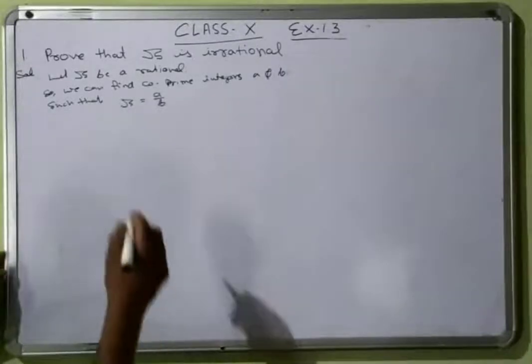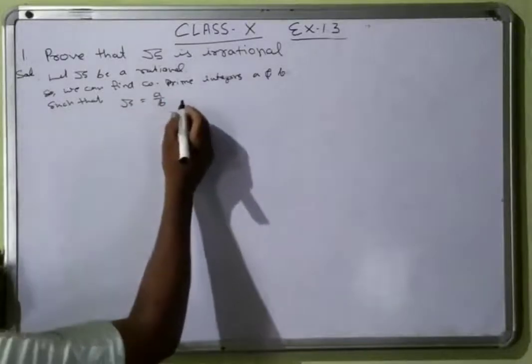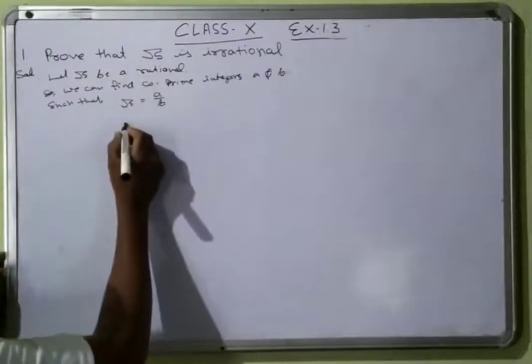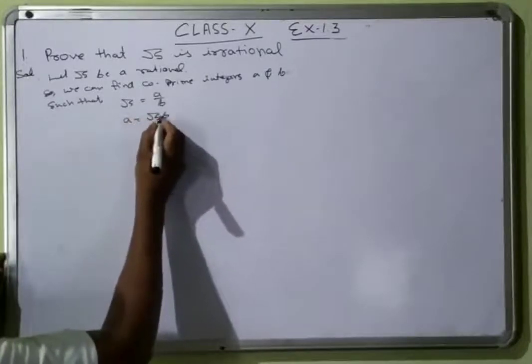By cross multiplication, that will be a is equal to root 5 b.